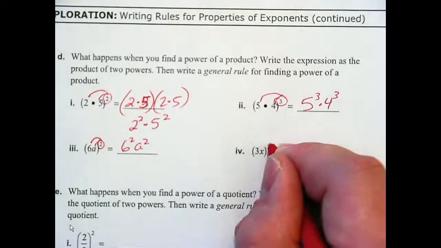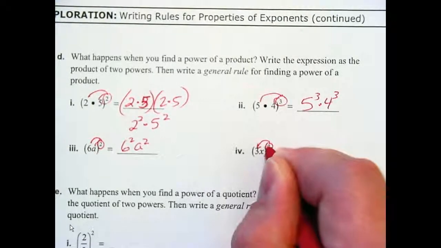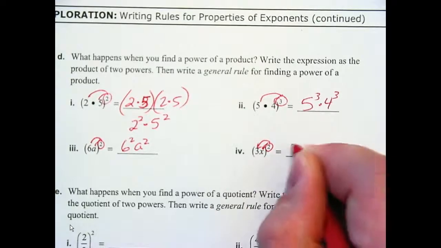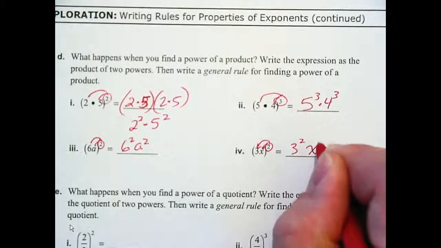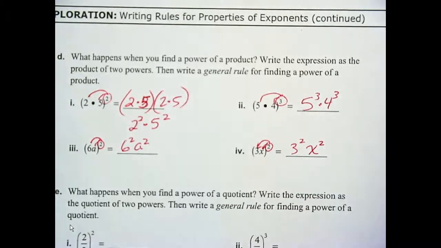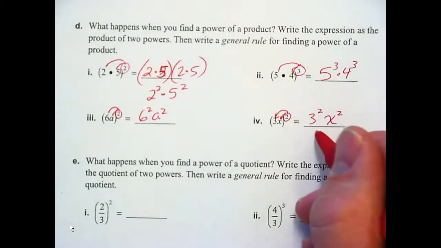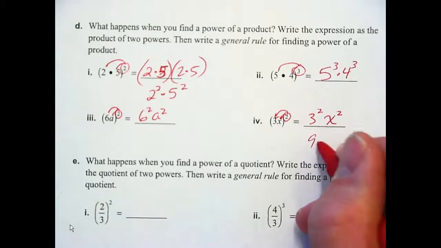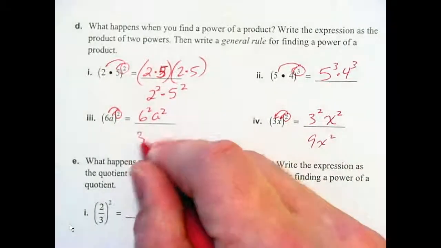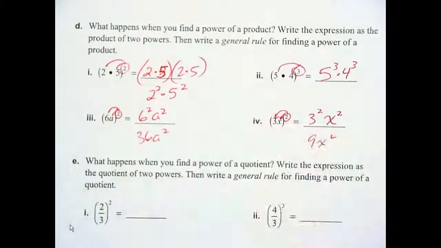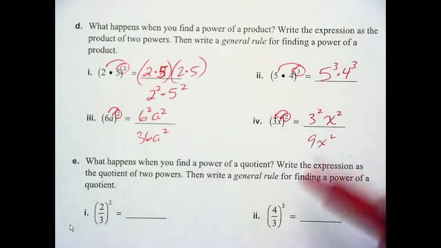Here you have 3 squared and x squared. Now usually we would simplify this and call it 9x squared and 36a squared. But for what we're doing right here, they just wanted you to write it out as finding the power of a product. Okay?